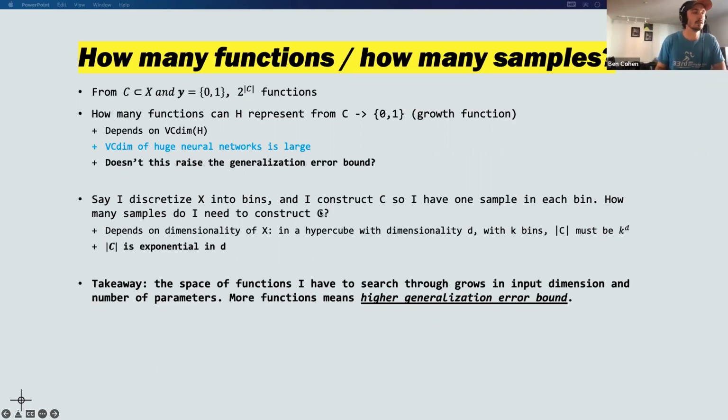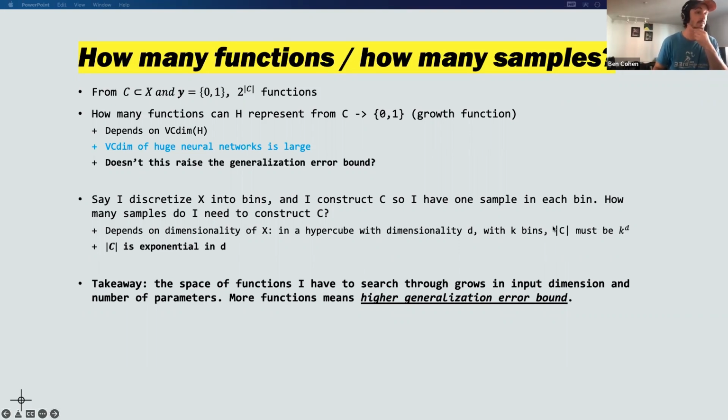Well, obviously, if it's just one-dimensional, I need only n bins, 10 samples. But if I take that interval [0, 1] and turn it into a square, so now I've got [0, 1] cross [0, 1], now I've got the product of those two sets of bins. That means it's going to be 10 squared, which is 100. And then if I turn that into a cube, it's going to go up to 10 to the 3, or n to the 3.